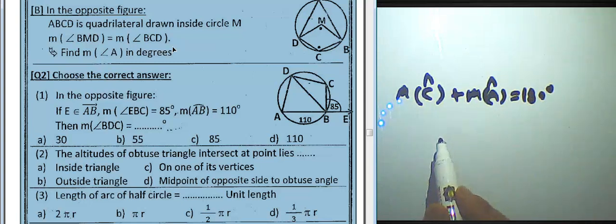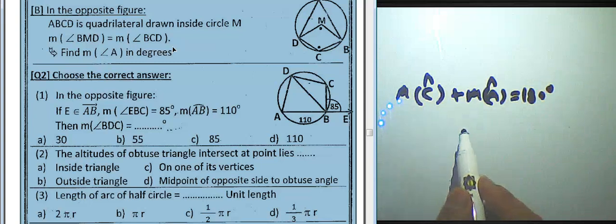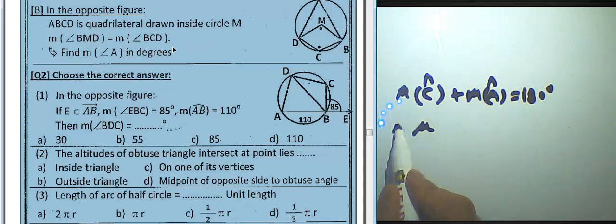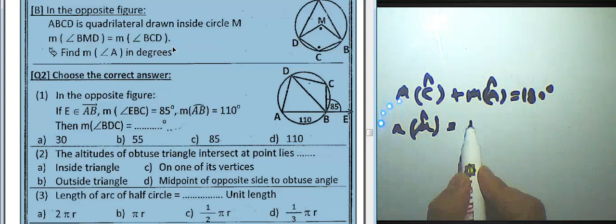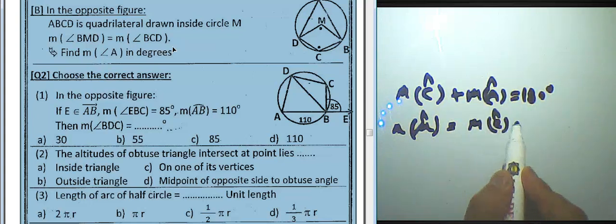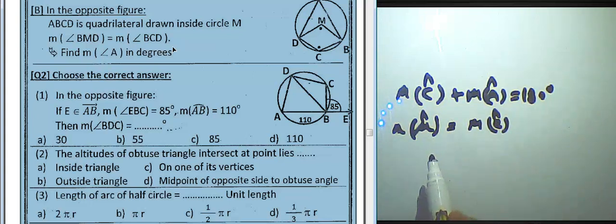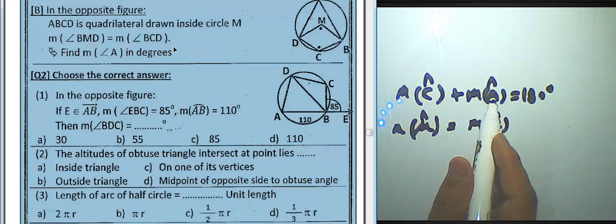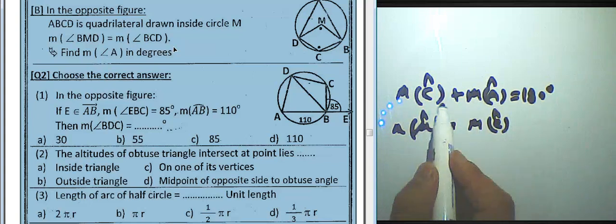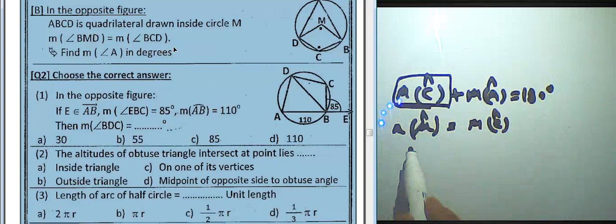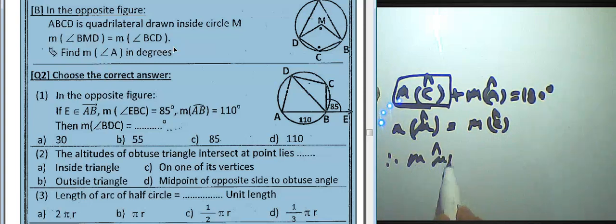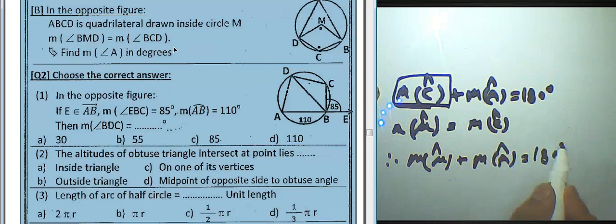And he gives us the measure of angle M equals the measure of angle C, and we know the measure of angle A is half the measure of angle M. You can cancel this angle here and write the measure of angle M plus the measure of angle A equals 180 degrees.